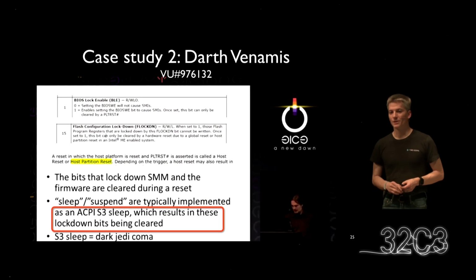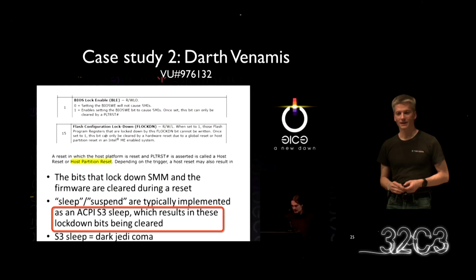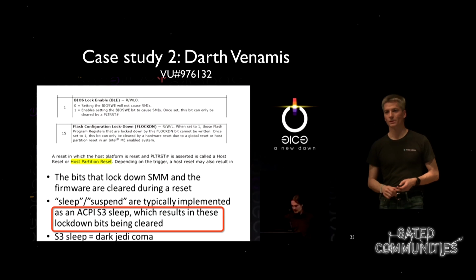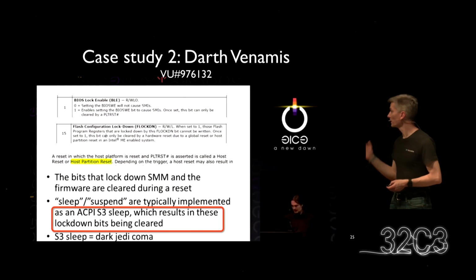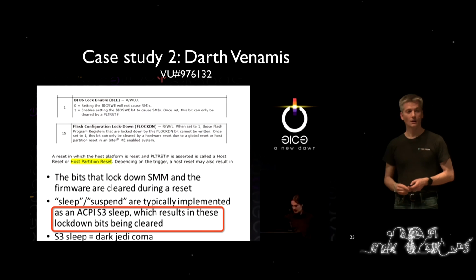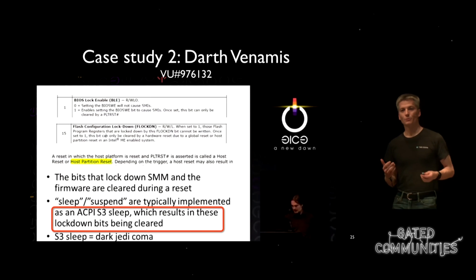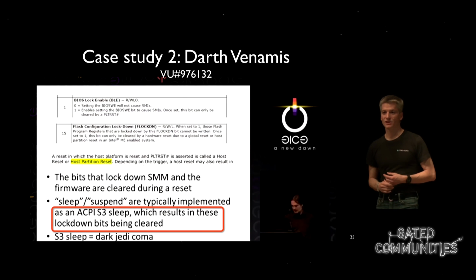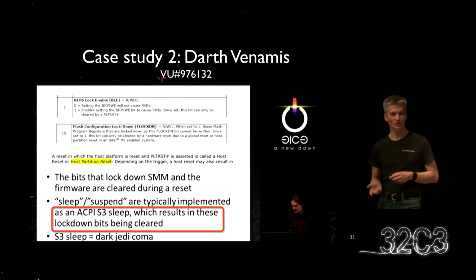The Darth Venamus, or Dark Jedi Coma attack, also presented publicly for the first time last year at CCC by Rafal and some collaborators. What they realized is that when the system goes into an S3 suspend to RAM sleep, all of the flash protection bits get unlocked.